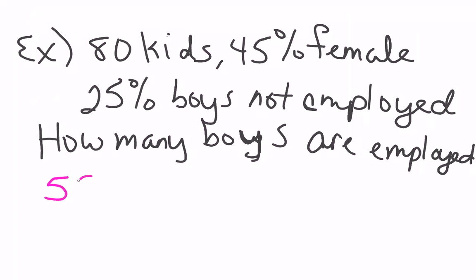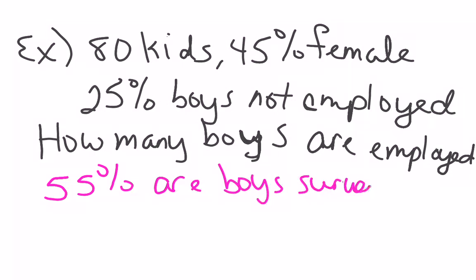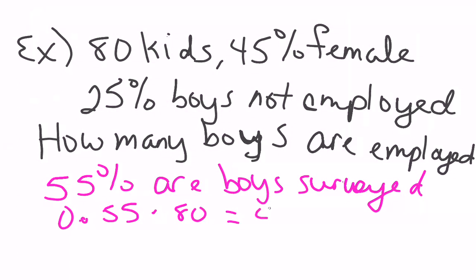So we know 55% are boys that were surveyed. Okay. Now, what is 55% of 80 kids? Right? So 0.55 times 80 means that there are 44 boys surveyed.